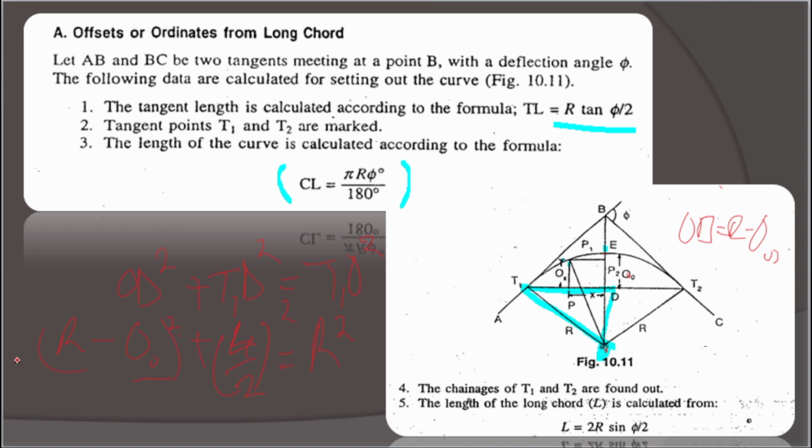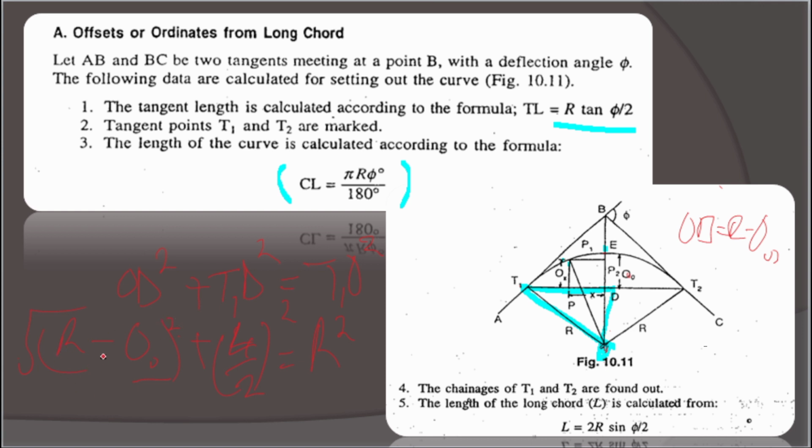So by removing this bracket, here we'll have a square. Or let me leave the square there, I'll use it later.